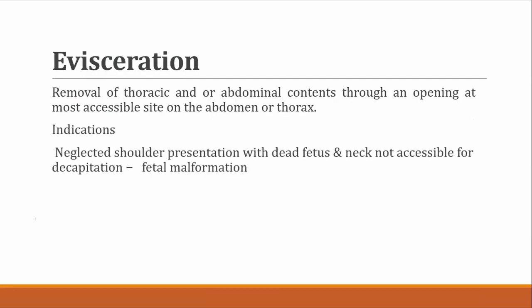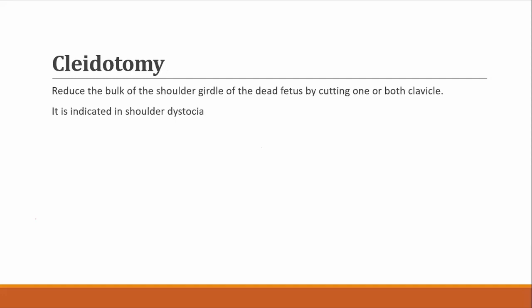Evisceration is the removal of the thoracic or abdominal contents through the most accessible site on the abdomen or thorax. It is also usually done in neglected shoulder presentations, when the dead fetus's neck is not accessible for decapitation, like if there are malformations.